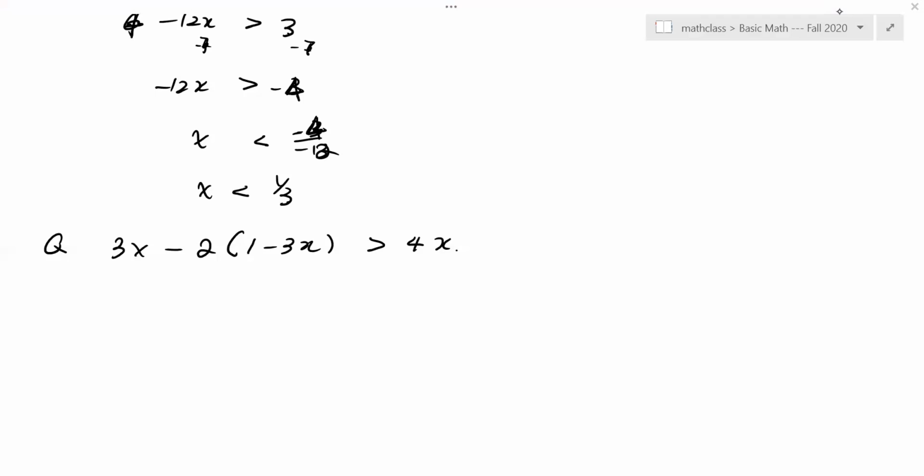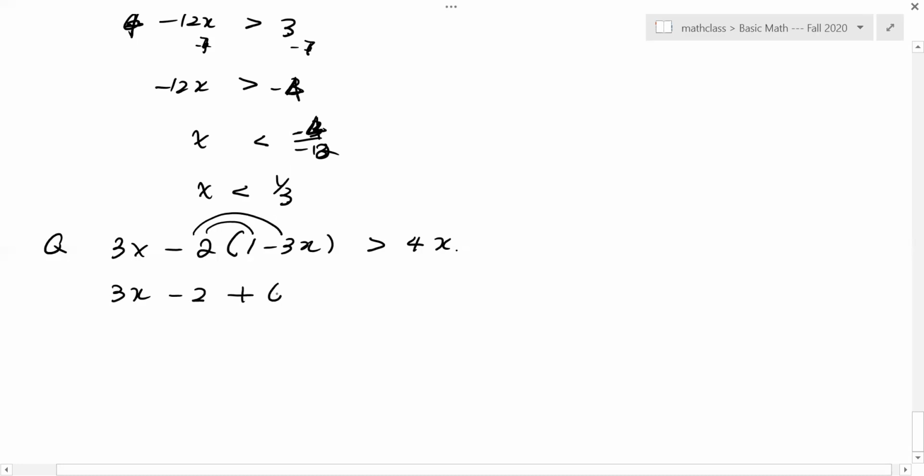All right, so step one, you remove the parentheses, being careful. Then you group the like terms together. All right, so let me show it to you. 3x, and 2 times 1 is -2. -2 times -3x is positive 6x, greater than 4x.